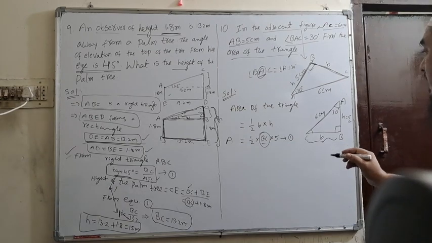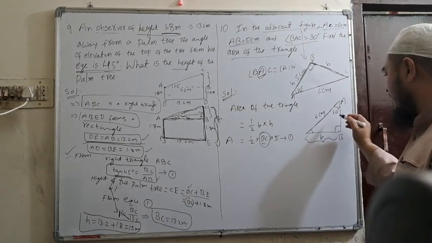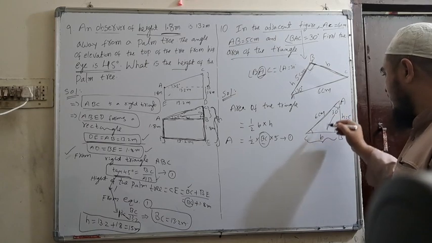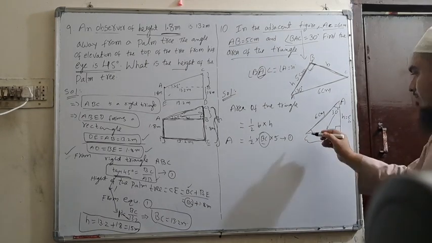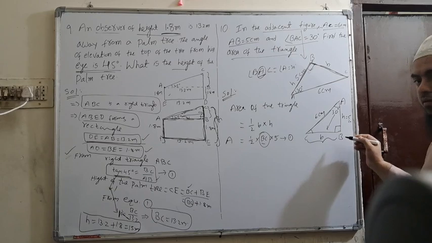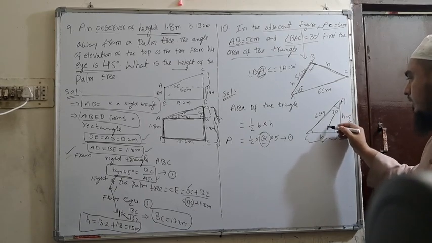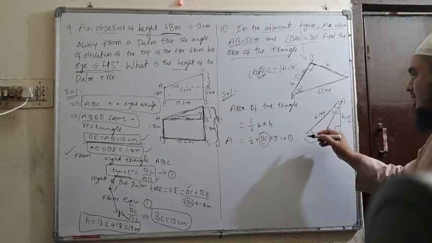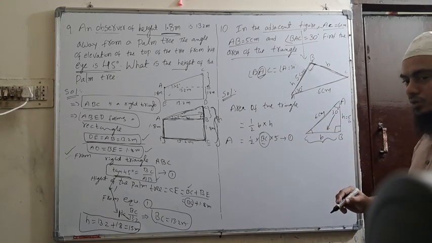So how to calculate BC? They have given the angle A. If you observe this angle 30 degrees, BC is nothing but the opposite side. You should be very careful. Here BC is the opposite side, and this 6 centimeters is going to be the hypotenuse.